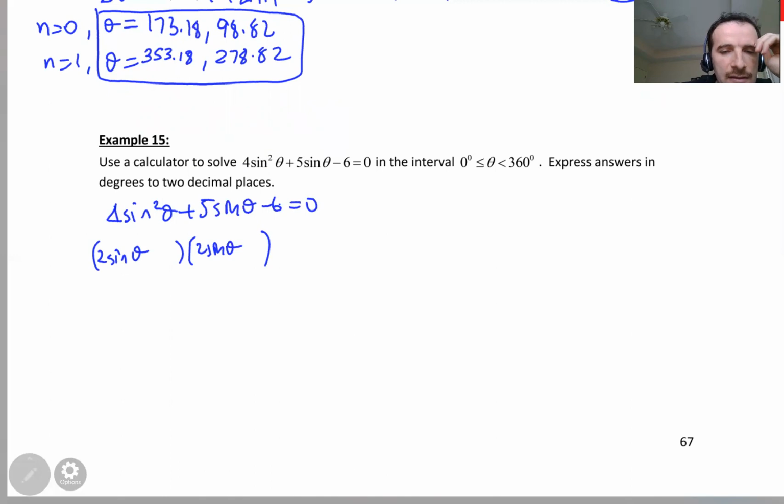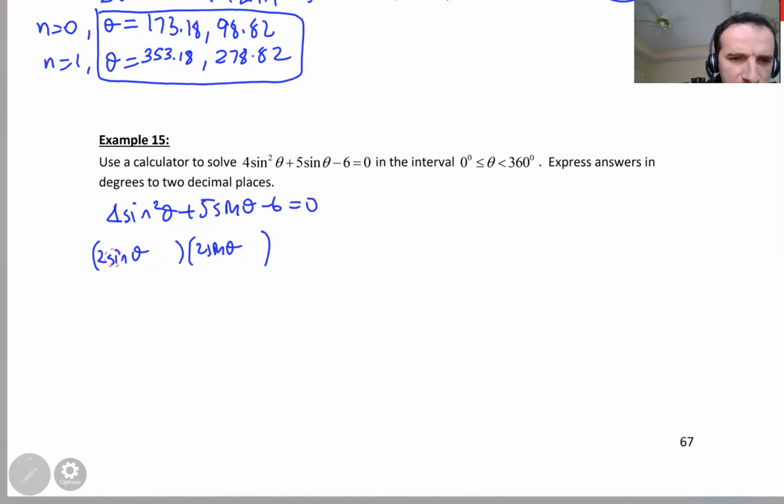Negative 6 can be negative 3 and 2. It doesn't really help. What else? I can say negative 6 and 1. It's not helping either.